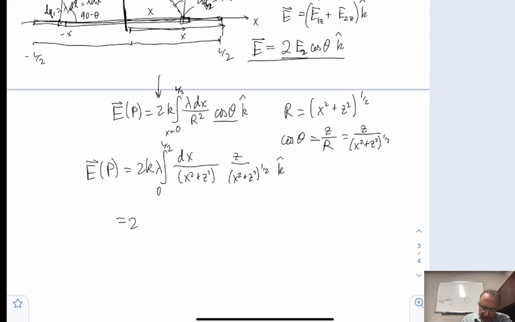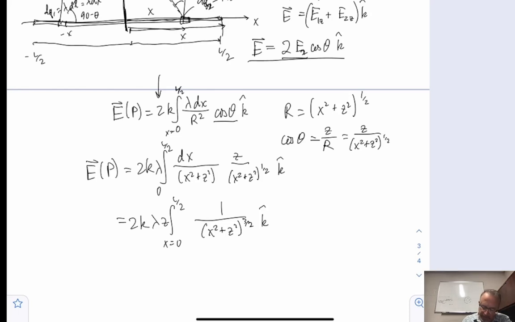Cool. Well, now I can do it. 2k lambda integral from x equals 0 to L over 2. The z actually can come out, it doesn't depend on x. So I've got the integral of 1 over x squared plus z squared to the 3/2 dx, k hat.